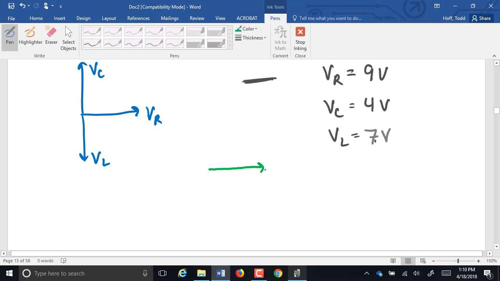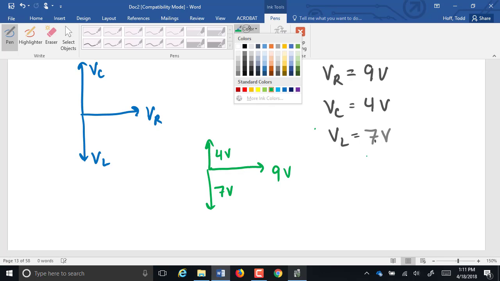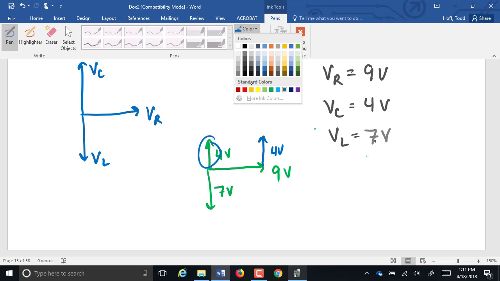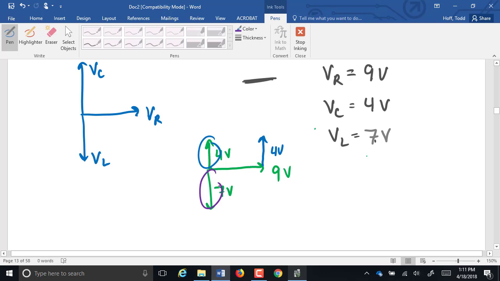So we're going to add these vectors. We have 9 volts in this direction, 4 volts in this direction, 7 volts in that direction. To add these, we're going to put them together head to tail. So I'm going to move this one over, put the 4 volts just like that, right? Then I'll move this one over.